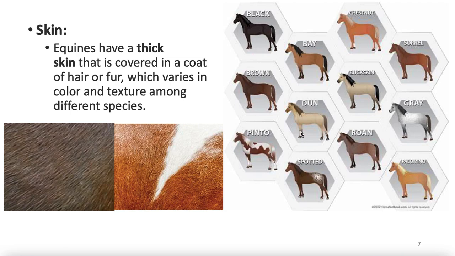Another is the pattern of different colors. For example, pinto, here you can see that there are two different colors. Okay, and another is spotted. There are white spots, or in some cases black spots, of a second color on the whole body or on a specific area.